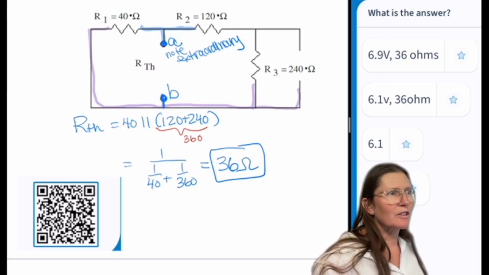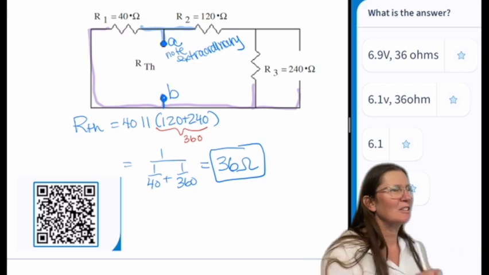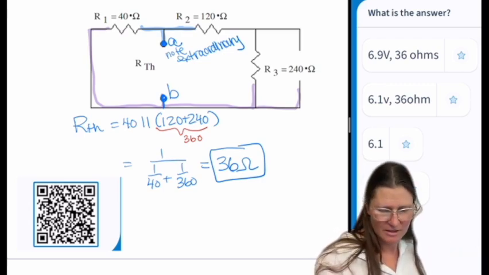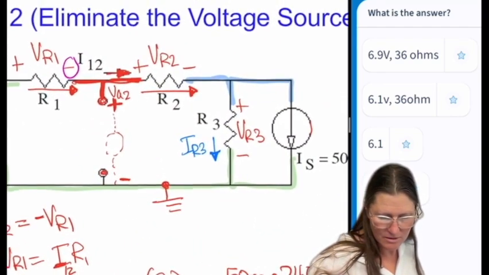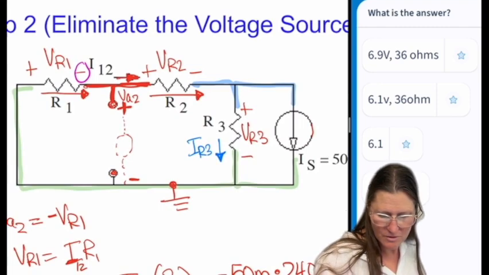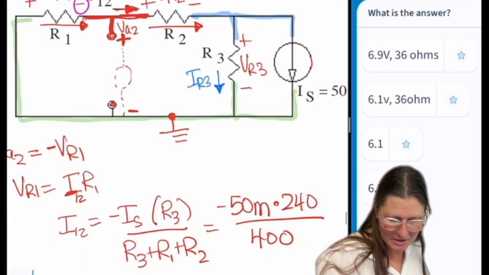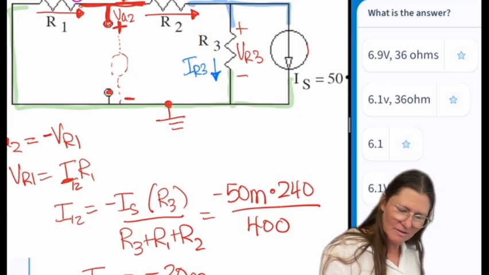So questions on this? A lot of 6.1 volts, so questions? Why do you say that it's a negative IS when you're calculating IR2? Yes, this would be a plus, thank you. So I12 will be a plus because it's going in.